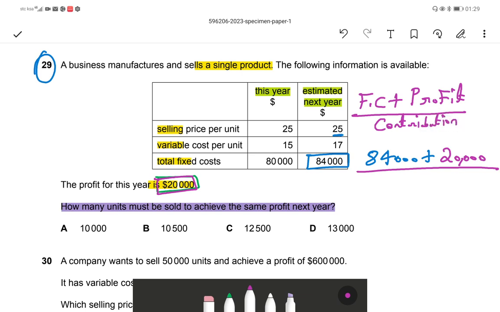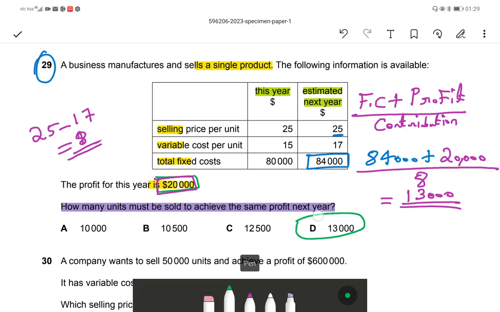So the contribution is selling price minus variable cost, that is 25 minus 17, which is equal to 8. Divided by 8, the answer is 13,000. Correct answer is option D, 13,000.